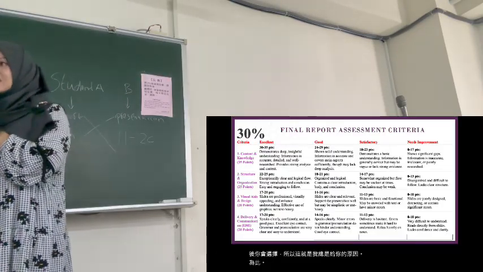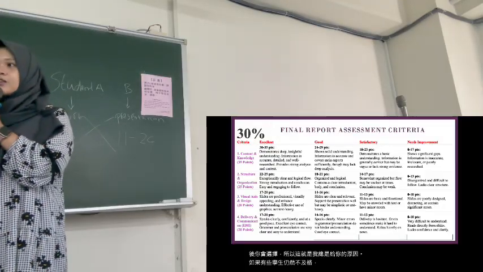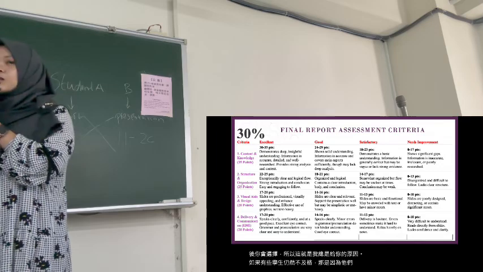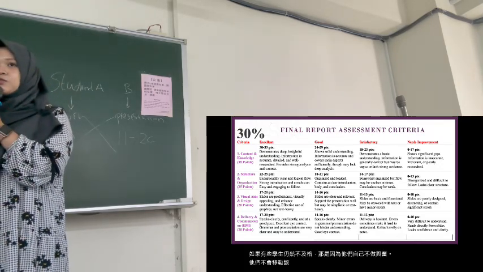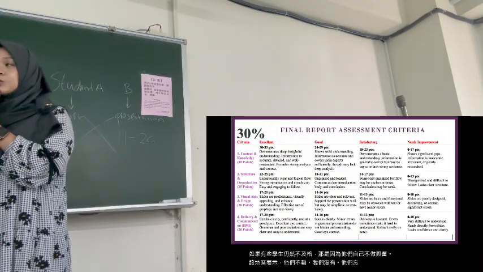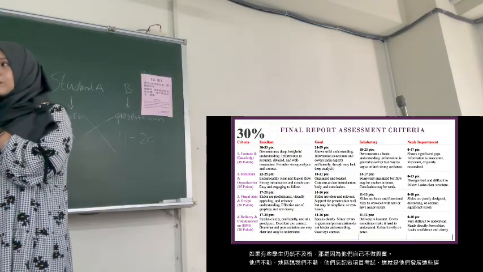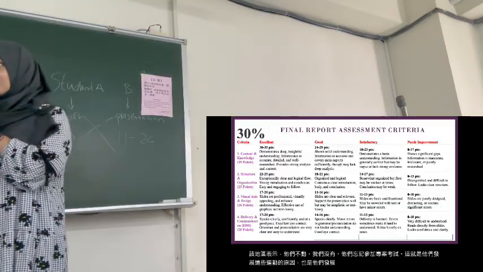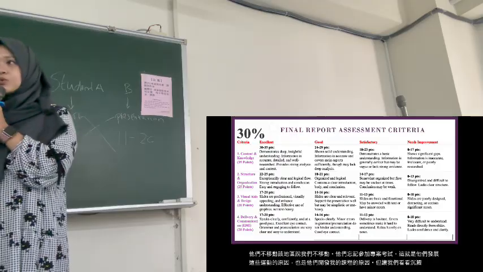If some students still fail my course, it's because of themselves. They don't do the assignments, they don't do the midterm exam, they forget to do the final exam. That's why they fail my courses. But basically, for the presentation, I always give my students a good score.